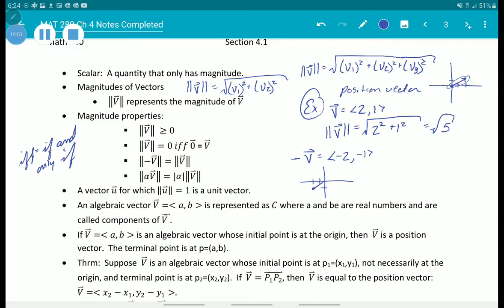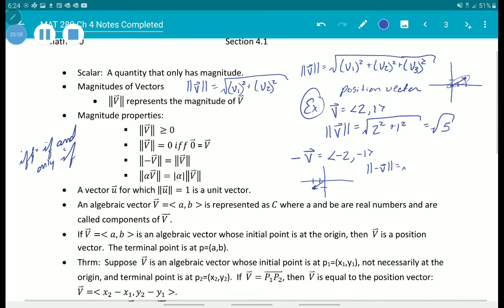So it's the same vector, it's just going in a different direction now. That negative just changes the direction on the Cartesian plane. But the magnitude is still going to be the same. So if I were to take the magnitude, it would be negative 2 squared plus negative 1 squared, which would still be the square root of 5.